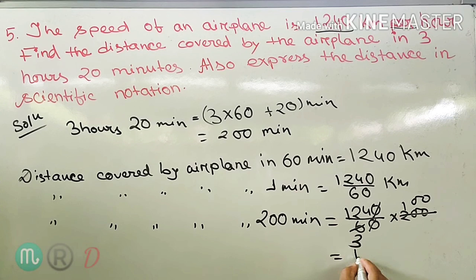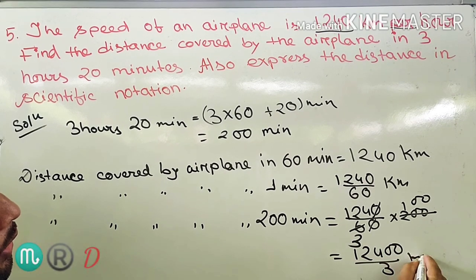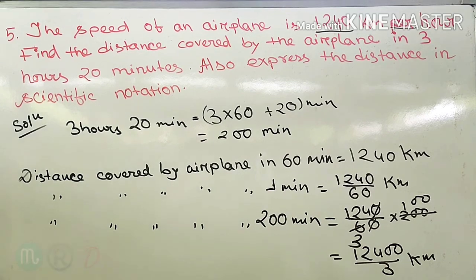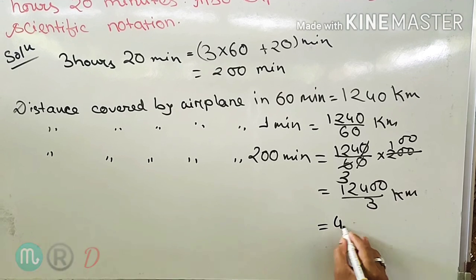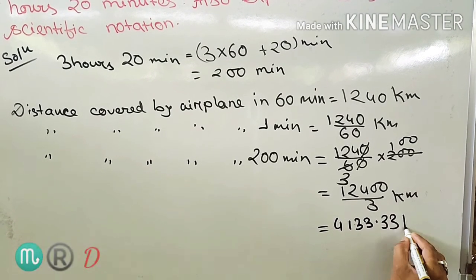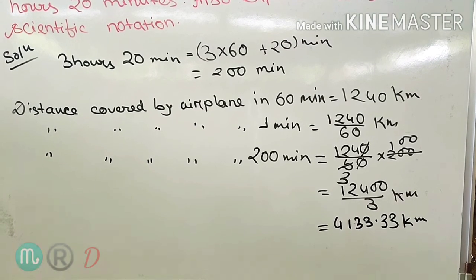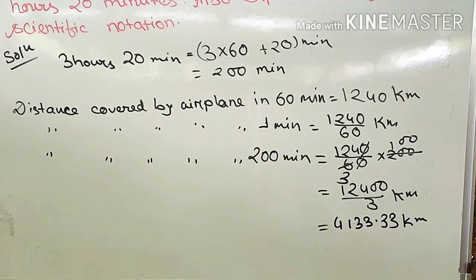So you are getting 12400 by 3 kilometer. Next line you will get on dividing 4133.33 kilometer.